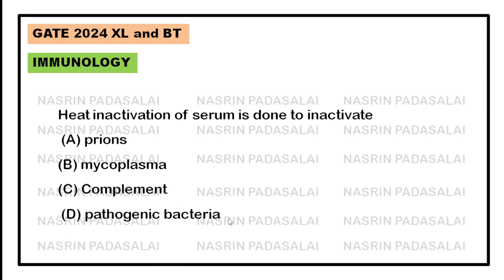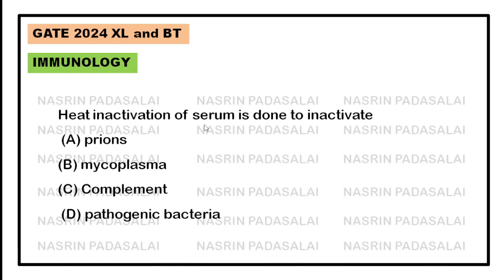Next, heat inactivation of serum is done to inactivate complement protein. Serum is taken from blood only, so there will be a few complement proteins in it, and we need to inactivate them. Serum is generally employed for growing your animal cells in animal cell culture.